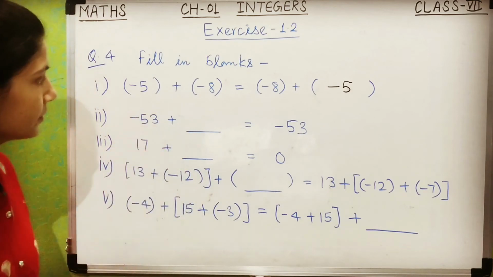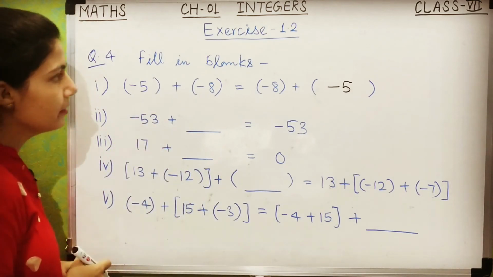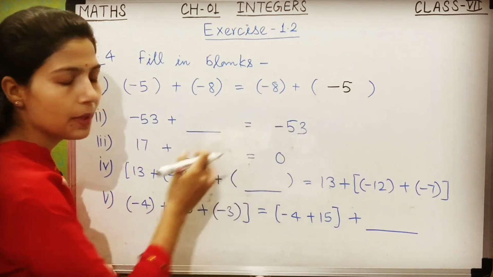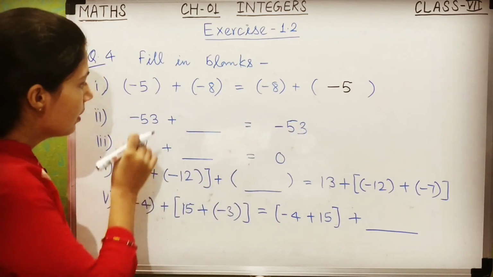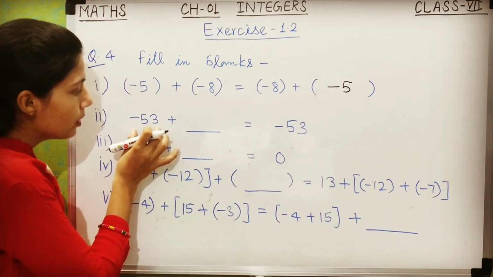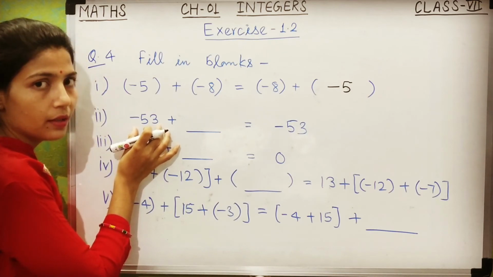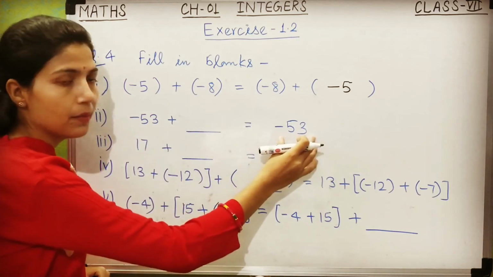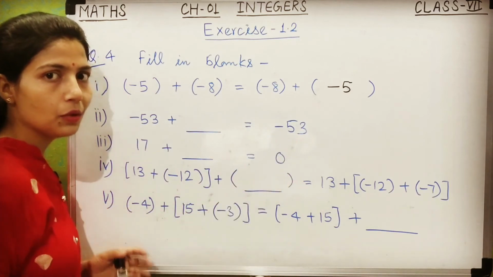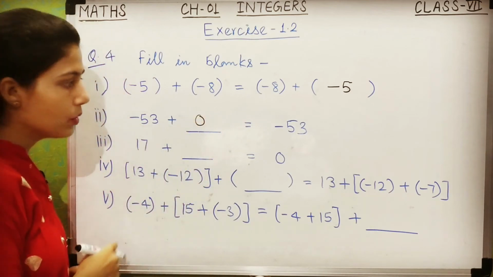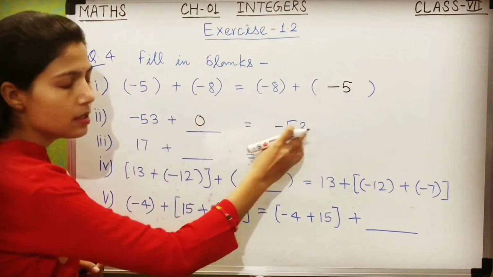Now see the second part, minus 53 plus what is equal to minus 53. So the number which you are adding to this minus 53, the result is the same, minus 53. It means what you are adding here is nothing but 0, because the question and answer are the same.